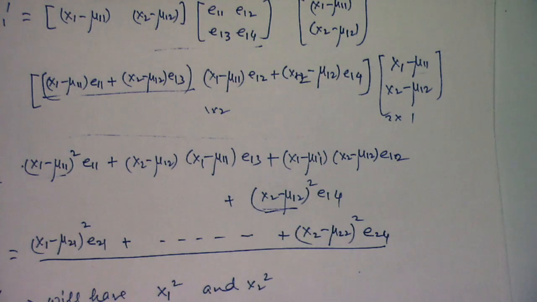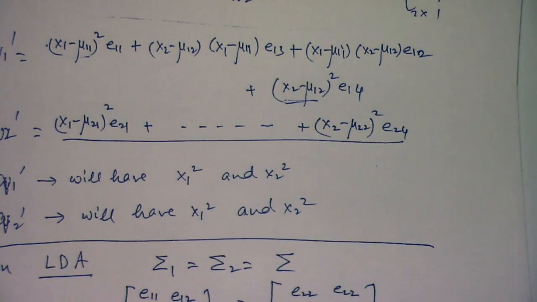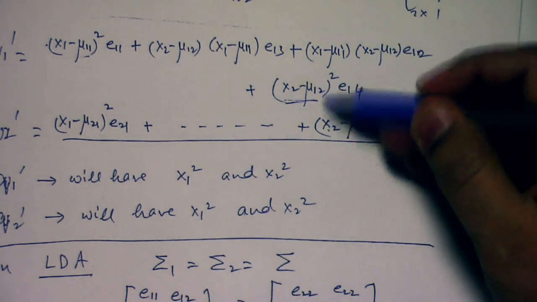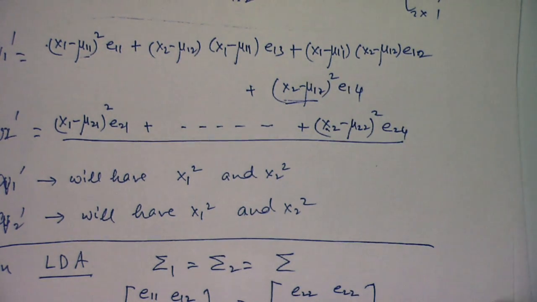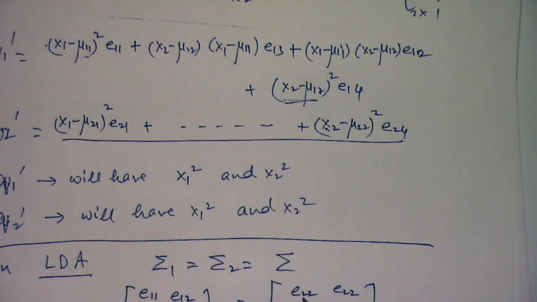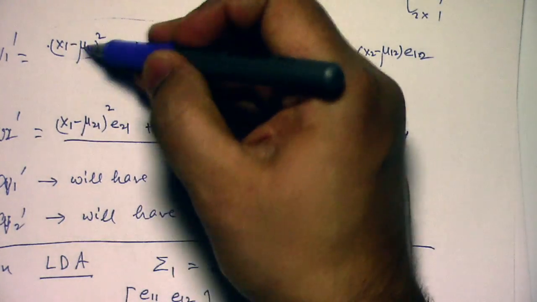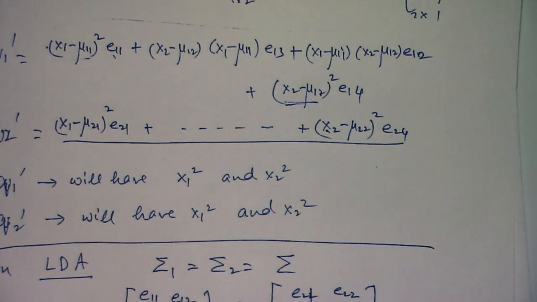But since e24 and e14 are the same, these two quantities will be the same, and since e11 and e21 are going to be the same, these quantities are also going to be the same. That means that the quadratic terms are going to get cancelled out.